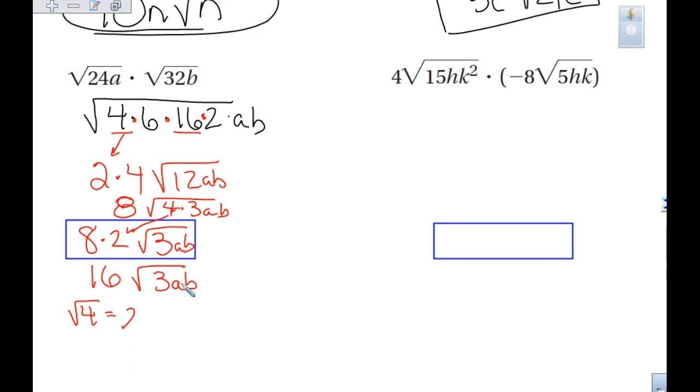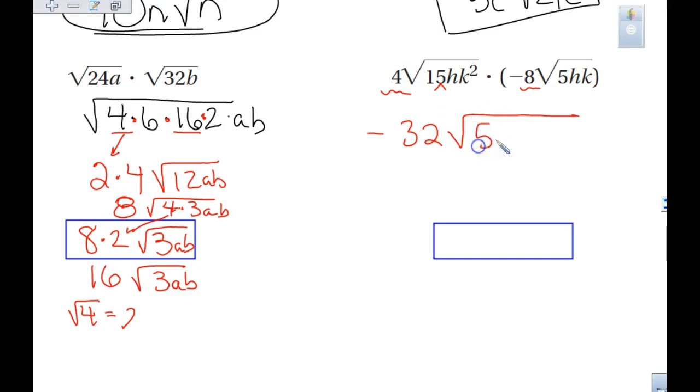Benson, we're looking at that next one. Gonna start us off. The 2 numbers out in front are 4 and negative 8, so I want to multiply those first. And I get negative 32. I might on my calculator take 15 times 5, but really those aren't too bad. And if I go 15 times 5, what do I know if I was going to factor 15? 5 and 3.